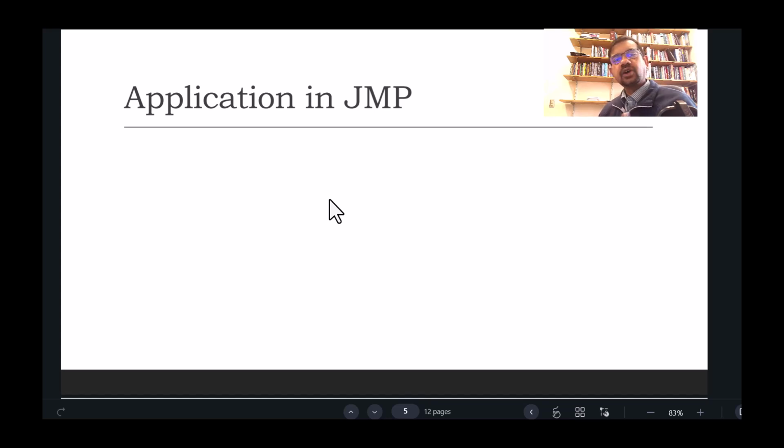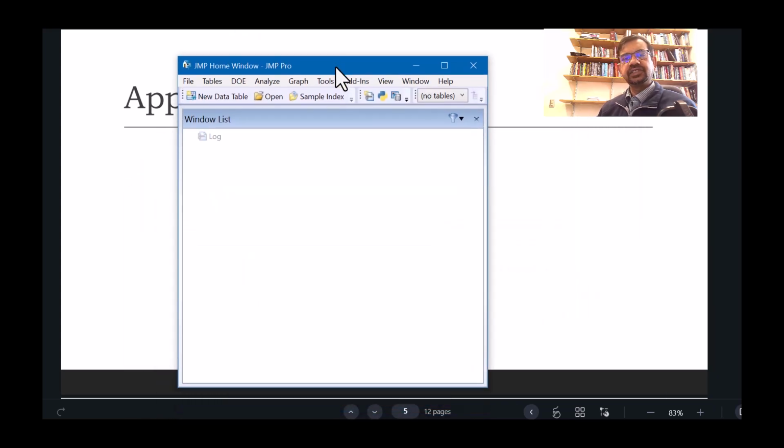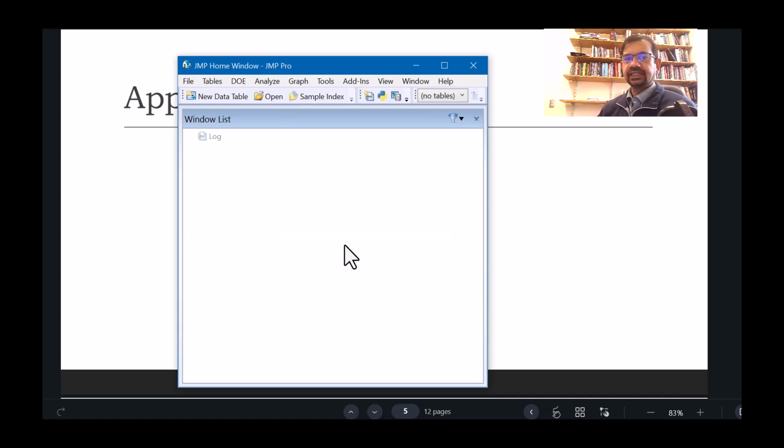So let's see how we can calculate some of these values in JMP directly. There's a very nice utility in JMP called the distribution calculator. To access that, we will go to Help, then Sample Index.